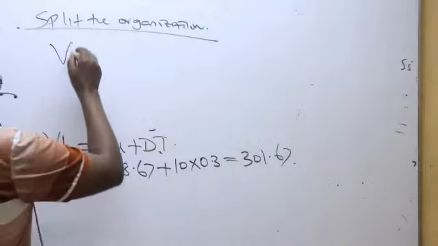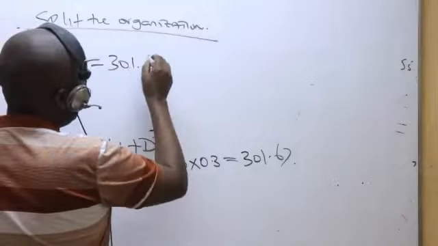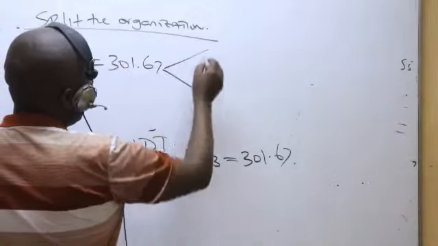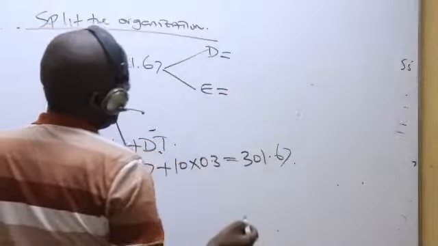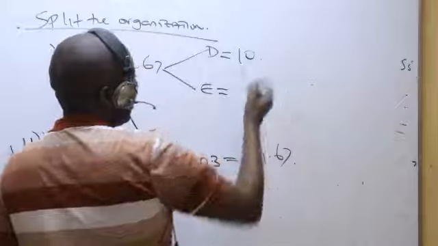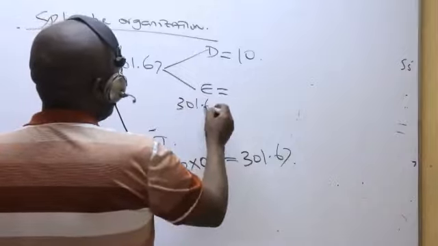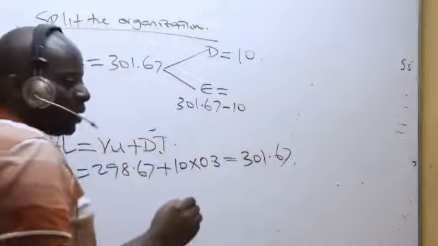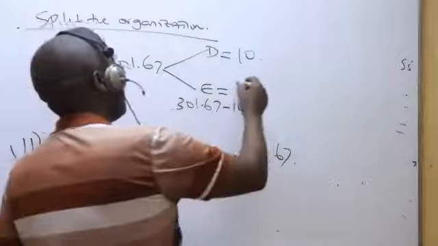So value of a levered firm is 301.67. I'm splitting it into debt and equity. Debt will always be provided. In this particular case, debt is 10. So equity will be 301.67 minus 10, which will give us what figure? 291.67.